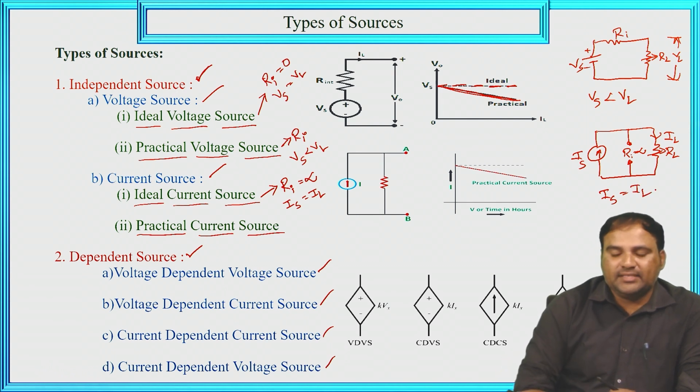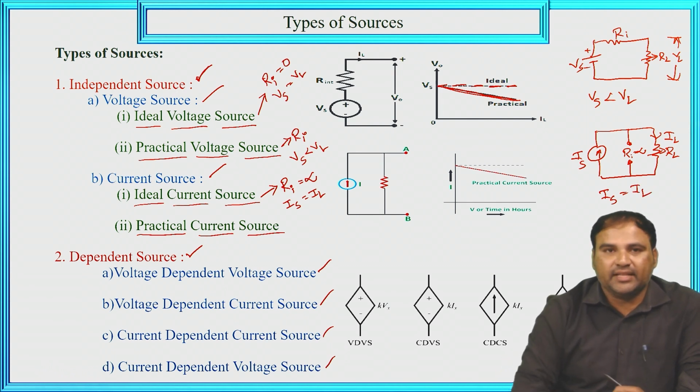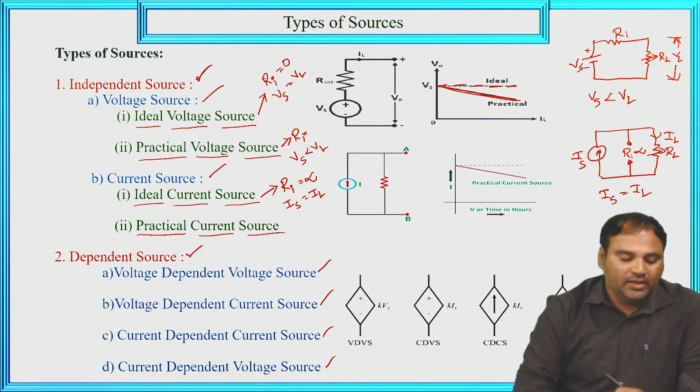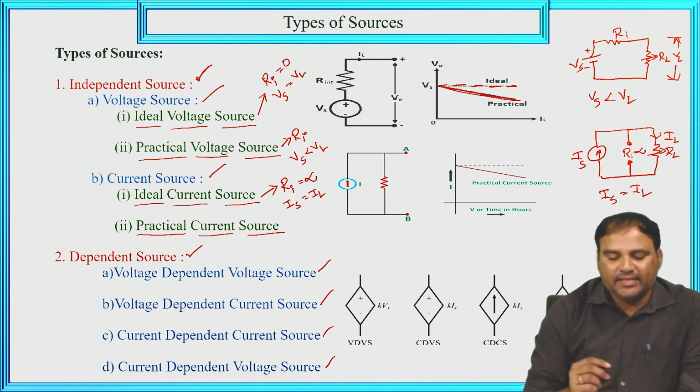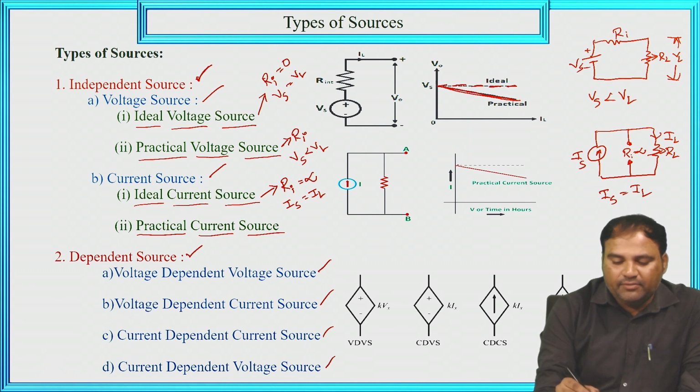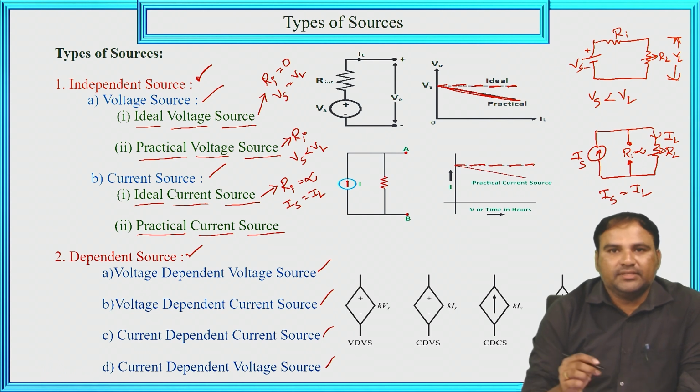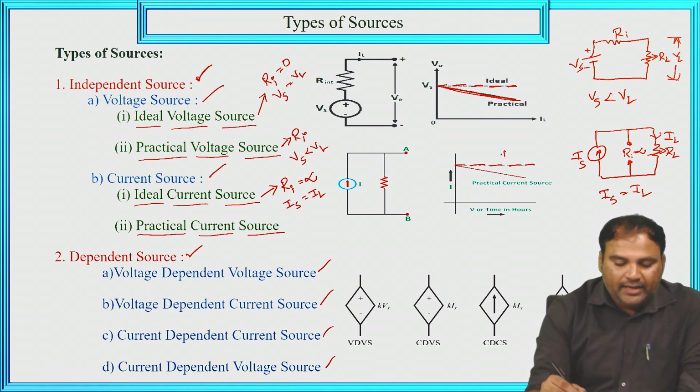So both the currents are the same here. The ideal current source has infinite internal resistance and the source current is equal to the load current. In this case we'll get a graph like this. We get a constant DC line. This is for the ideal current source.